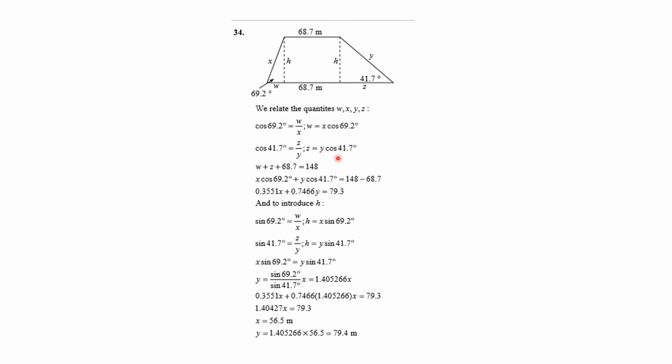So w plus z plus, and I'm adding these two, you see I'm adding w and z, so when I add those, and I add the 68.7 in the middle, I get 148.